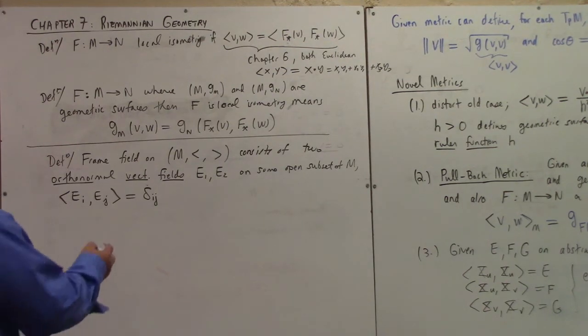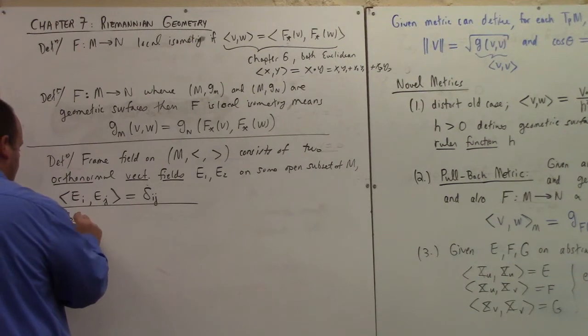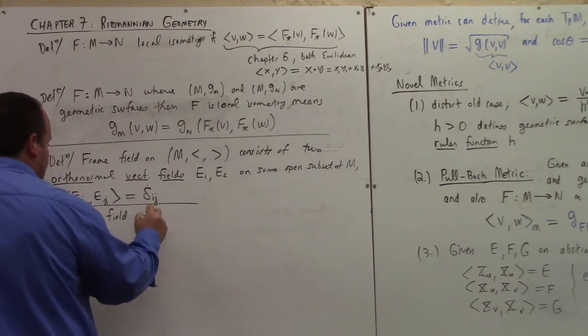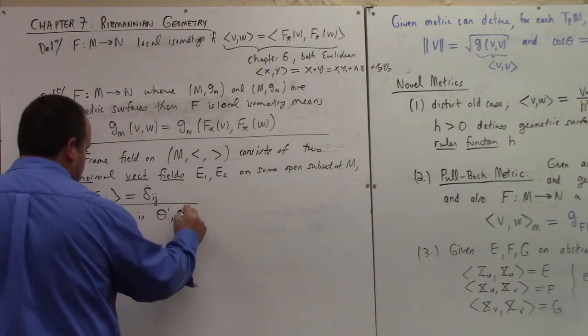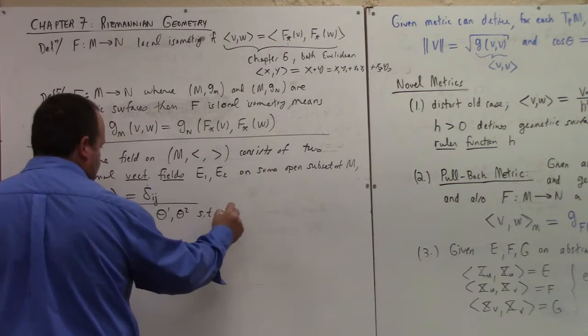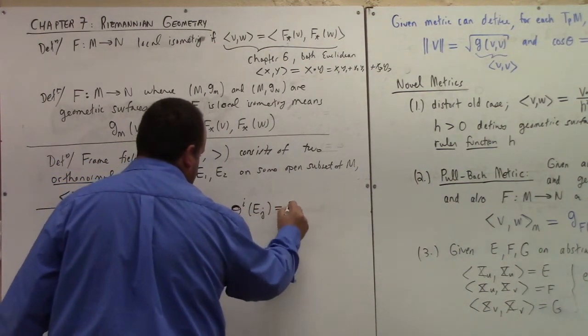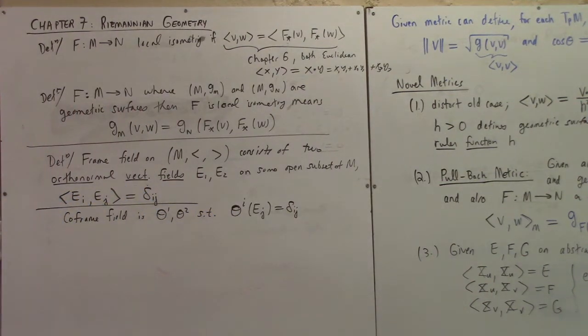And likewise, a coframe field is like theta 1, theta 2, such that theta i of Ej is the Kronecker delta ij. So you define the coframe field to be the duals to the frame field, just like we did before.